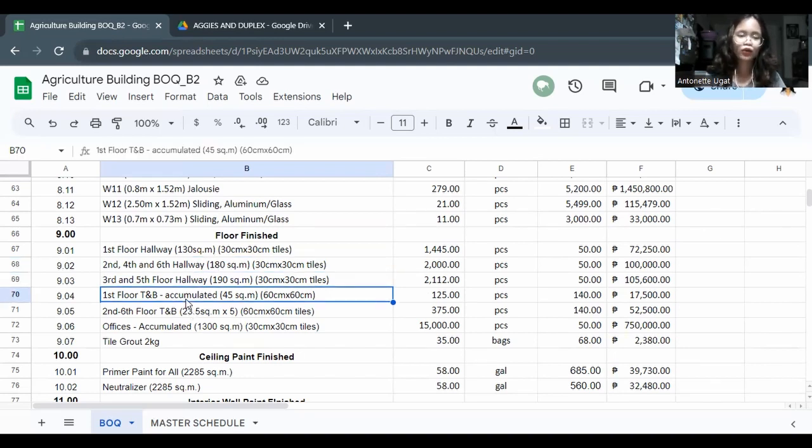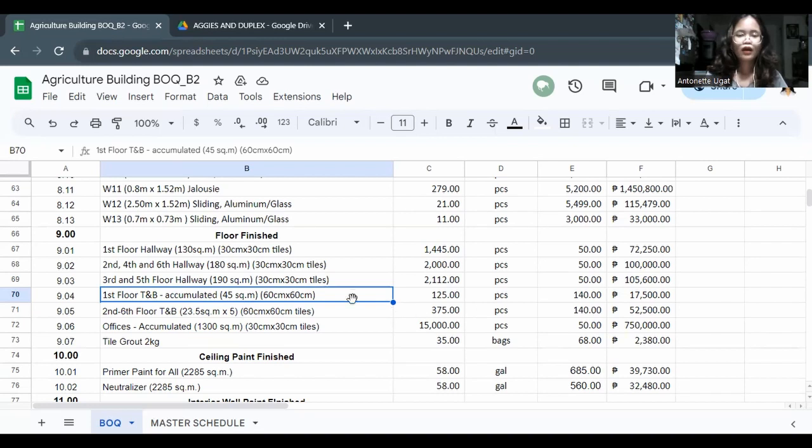So for the toilet and bath, I have accumulated the area for the toilet and bath of the first floor. This includes both the male and female restrooms, as well as the toilet area in the offices.